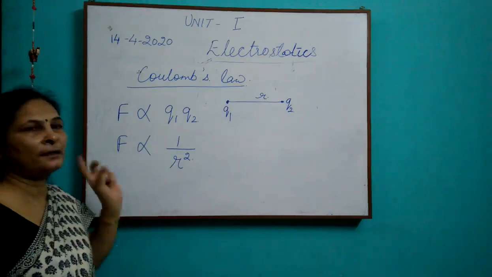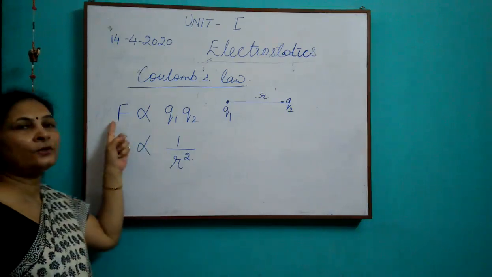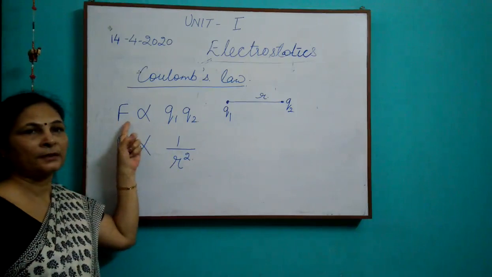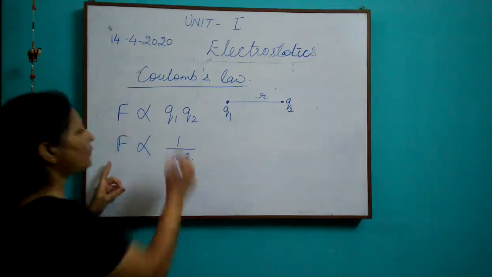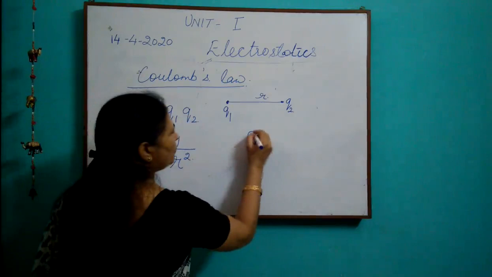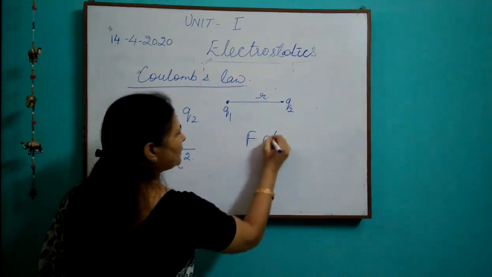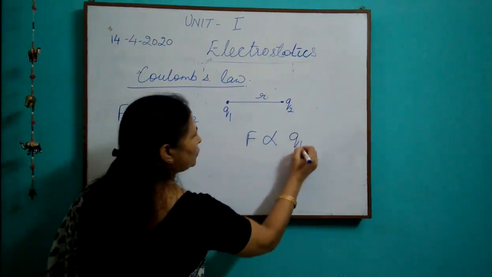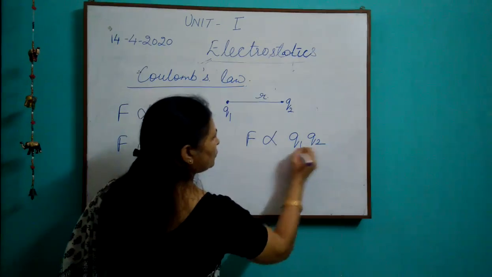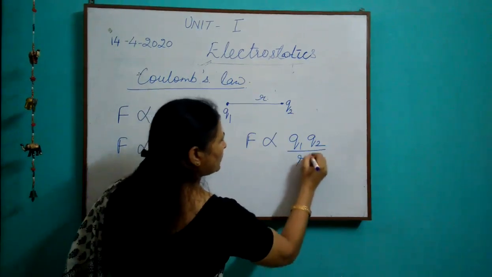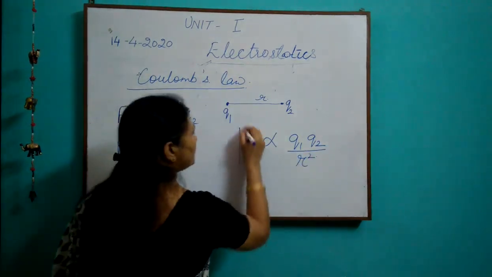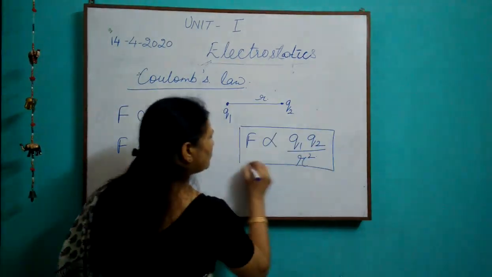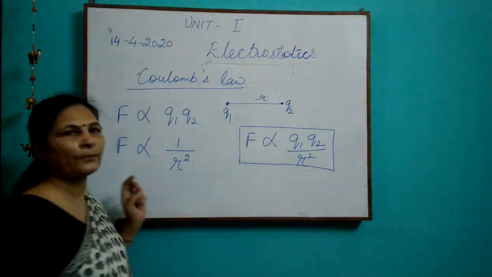The other things are the same. This is the electrostatic force. Clear? Now when you combine these two, what do we obtain? F is proportional to Q1 Q2 upon R square. And this is Coulomb's law.